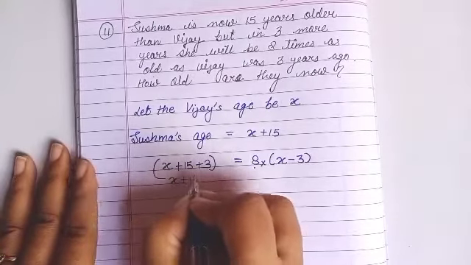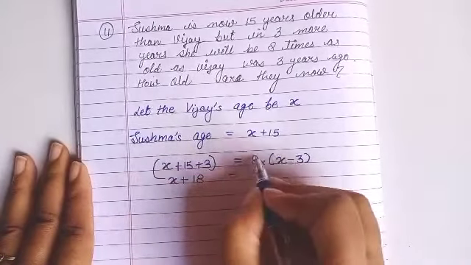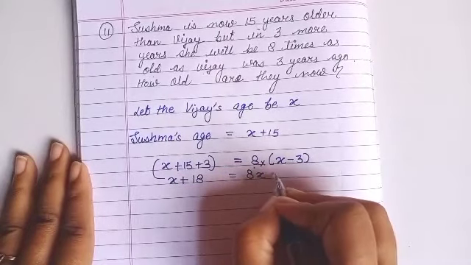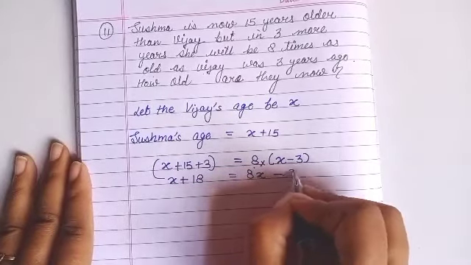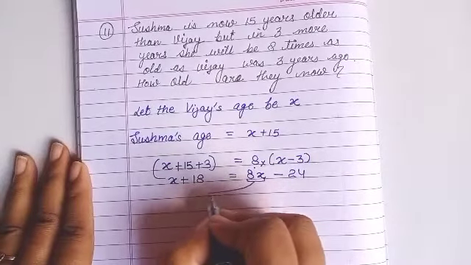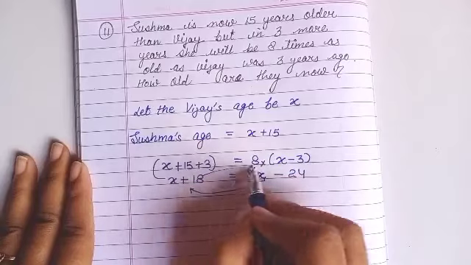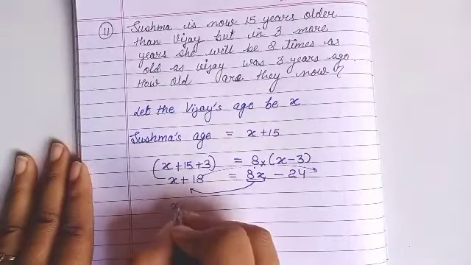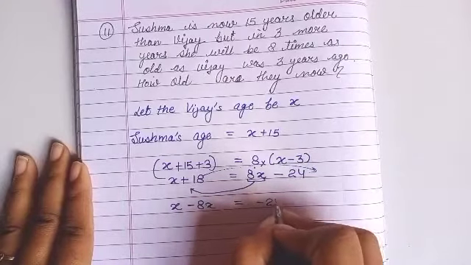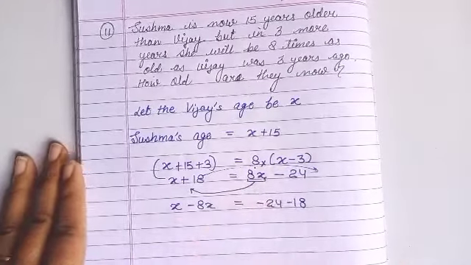x plus 15 plus 3 is 18 is equal to, distributive property, 8 multiply x, 8x, 8 multiply minus 3, minus 24. Now move the terms having variable to the left and constant to the right. x minus 8x is equal to minus 24 minus 18.